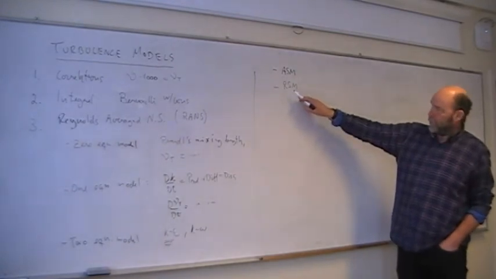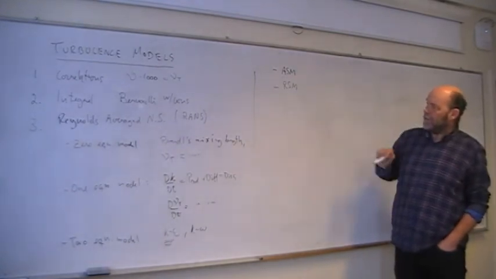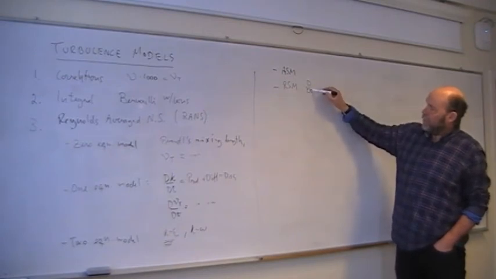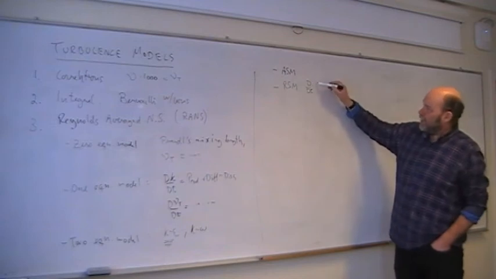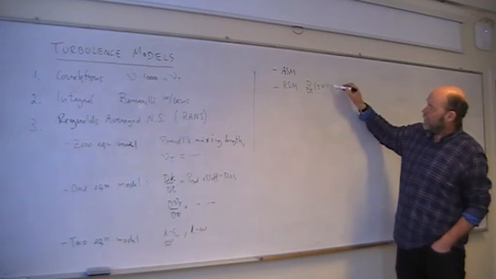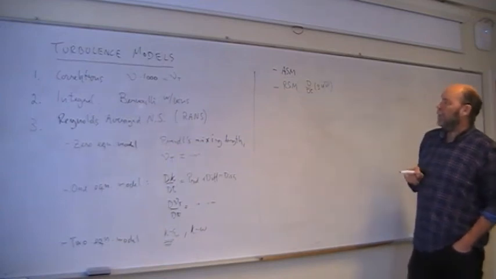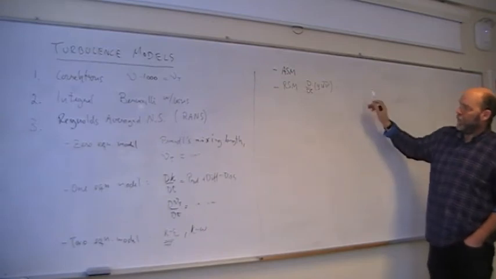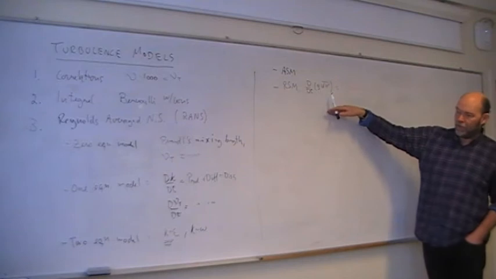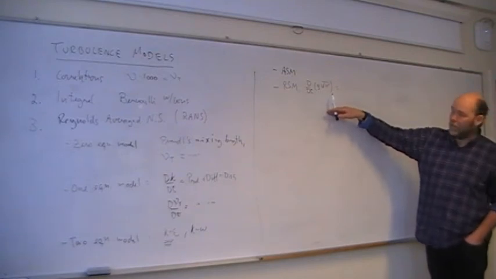To say it quickly, the RSM, there you have transport equations for all your 6 Reynolds stresses, and they look something like this: rho, u fluctuation, v fluctuation, averaged, equal to yada yada yada. So this will represent 7 transport equations in addition to the Navier-Stokes.